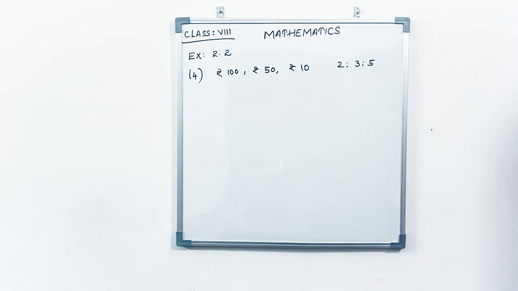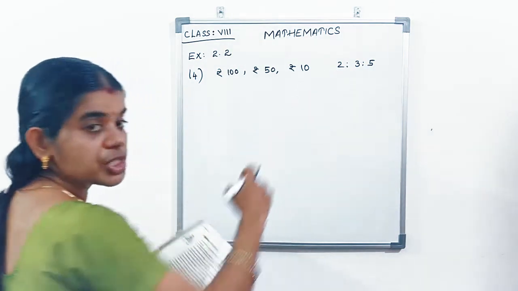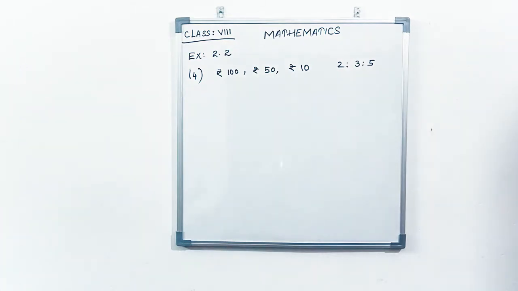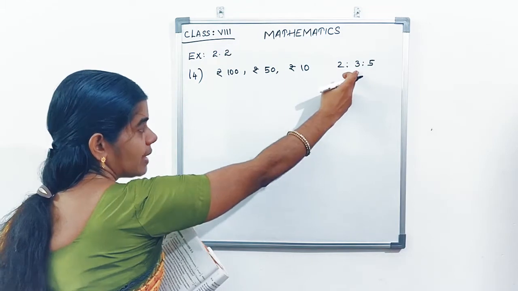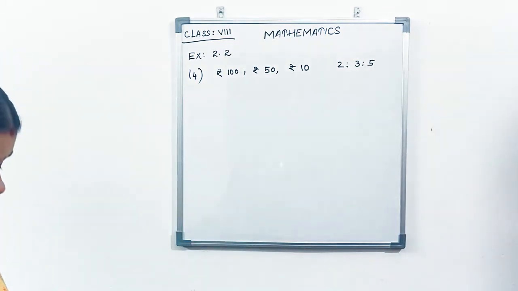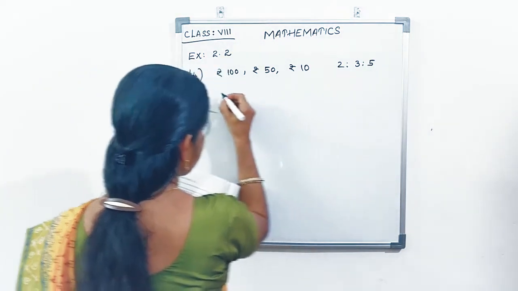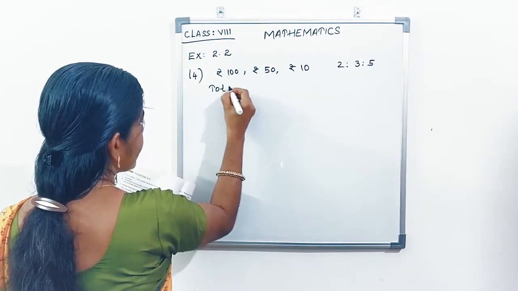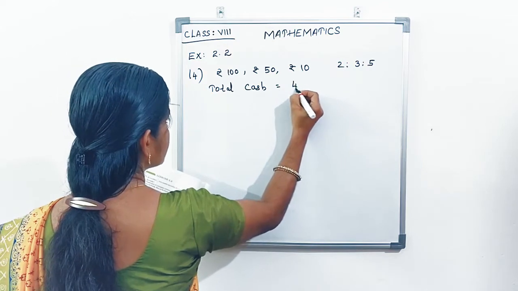Then what we can say? Number of 100 rupee notes is equal to 2x. Ratio given means we want to take one number also, that is 2x. Number of 50 rupee notes is equal to 3x. Number of 10 rupee notes is equal to 5x. That is the meaning. The total cash with Lakshmi is equal to how much? 4 lakh rupees.